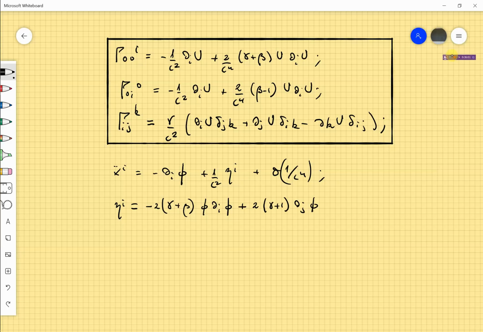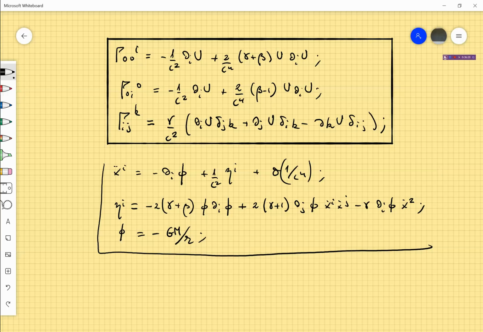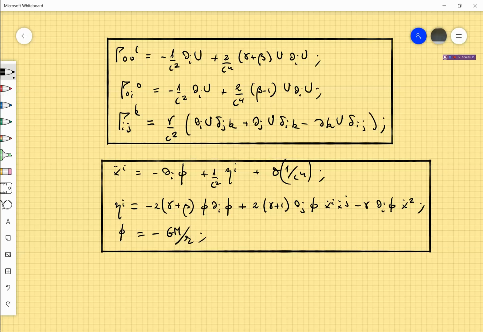Okay, so this phi is already determined. Phi is minus GM divided by r. Okay, and this is the formula that determines the motion of particles in this approximation.